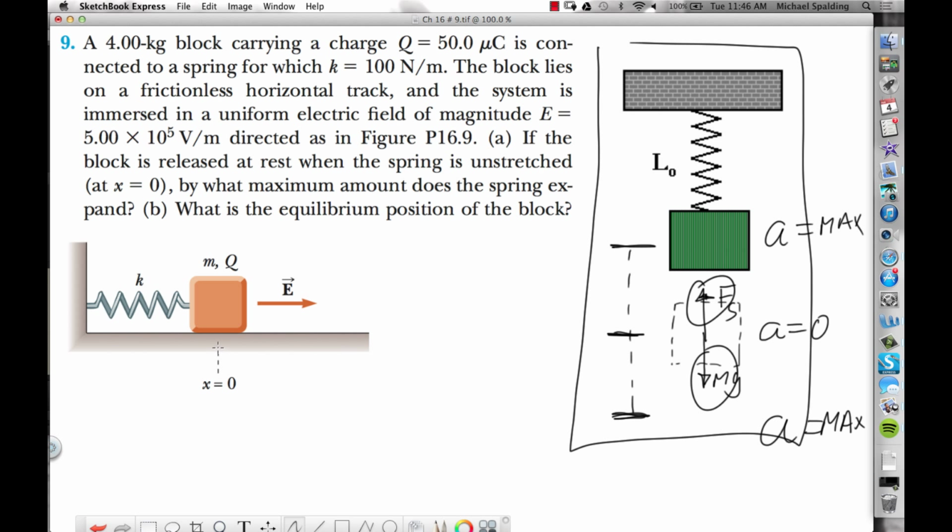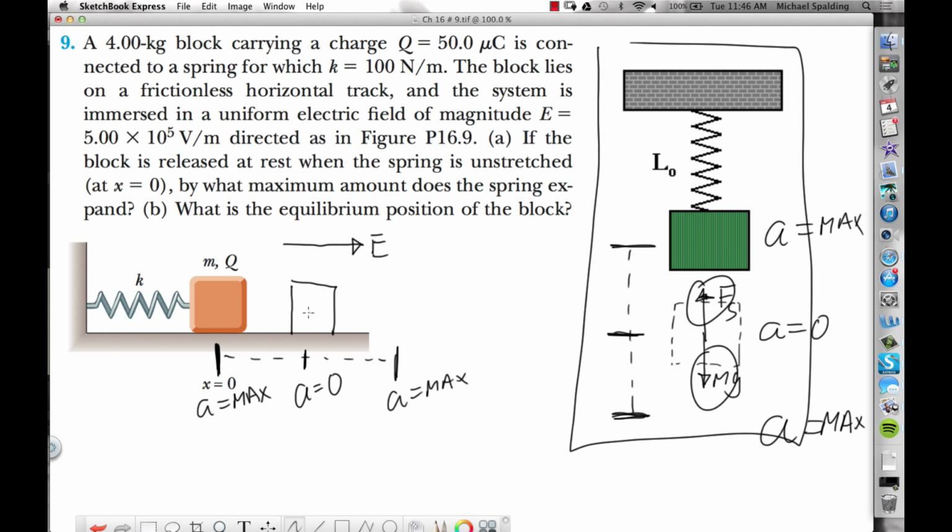Same thing here. This guy starts here and ends over here. The acceleration at each end is a maximum, and right in the middle the acceleration is 0. Remember, the electric field's going that way. What are the forces here?